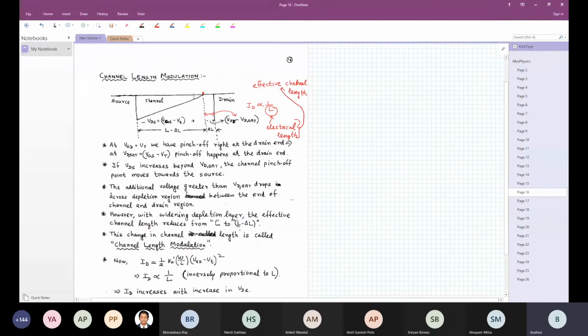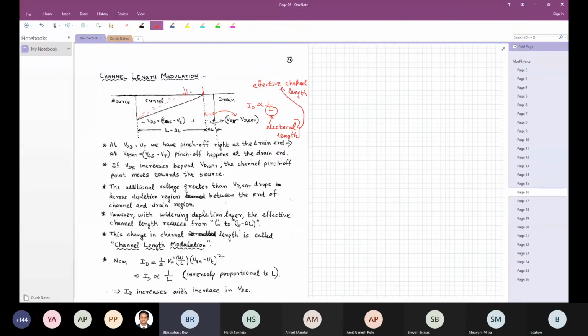If this point moves here, that means I have the channel like this, and the difference between these two is still the same, correct? Biswabasu, please say it in your words. I like the way you said it.